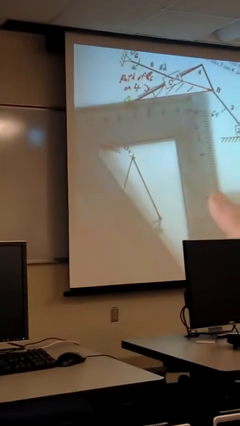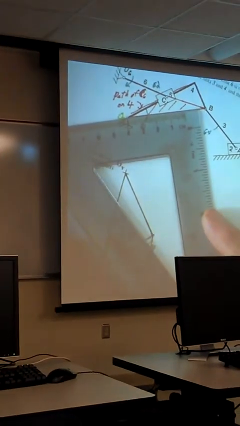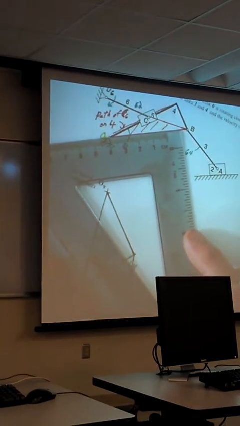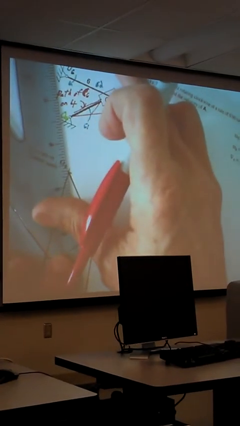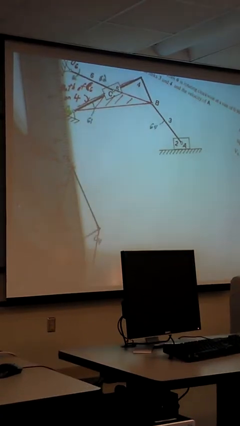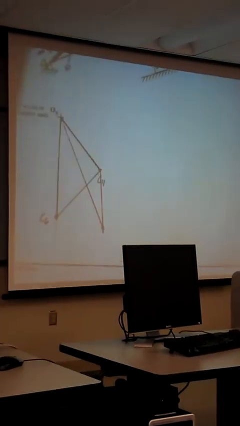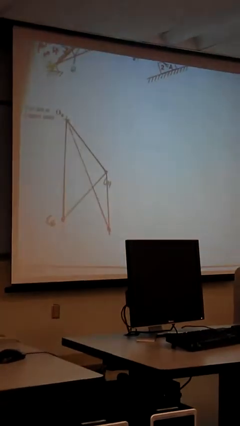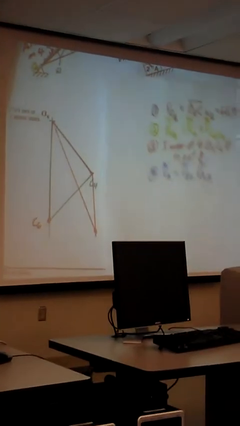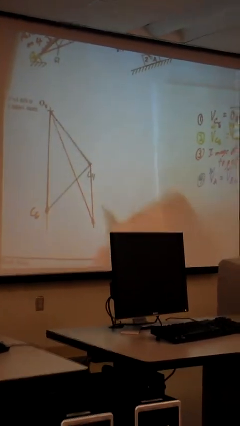The last side that I don't have is going to be going through O4, which means it goes through the velocity pole, and it's going to go through B. So I draw that line in. Here's the intersection. What I need to do at the end of this step is label B. Here's B.